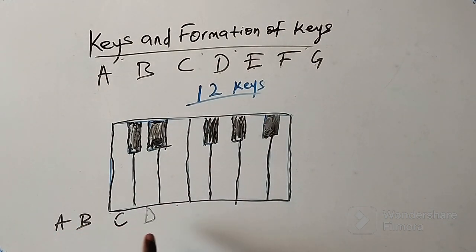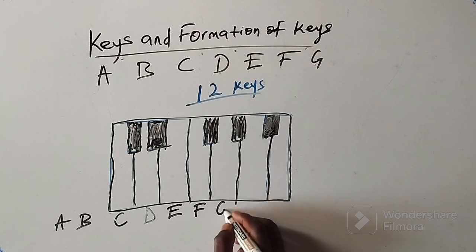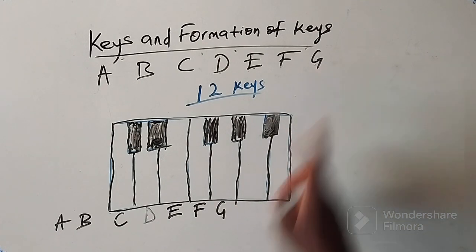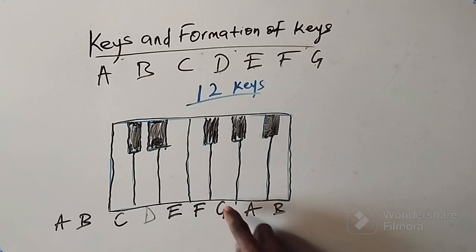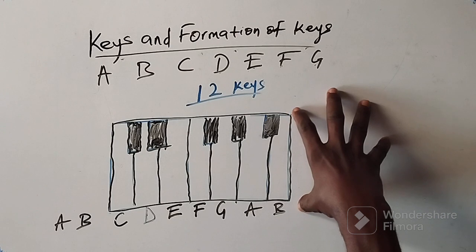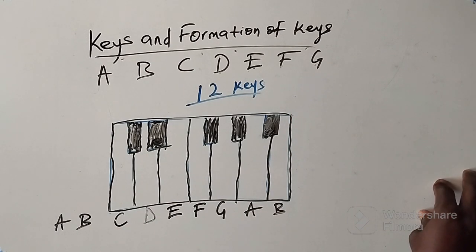A, B, C, D, here is E, here is F, G. Once you stop at G, you start another A, B, then the last one is the ending of this and the beginning of another octave.